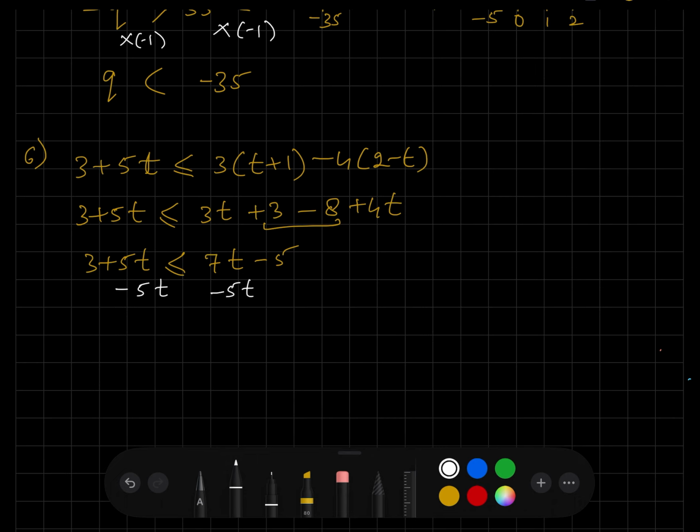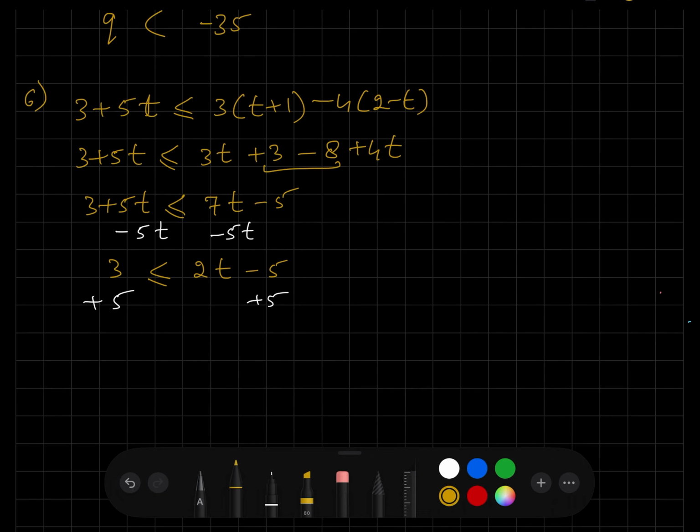Now I can do the balancing and subtract 5t on both sides. So I am left with 3 less than or equal to 7t minus 5t is 2t, minus 5. Then I can add 5 on both sides. So 3 plus 5 is 8, less than or equal to 2t, and I can now divide by 2 on both sides.